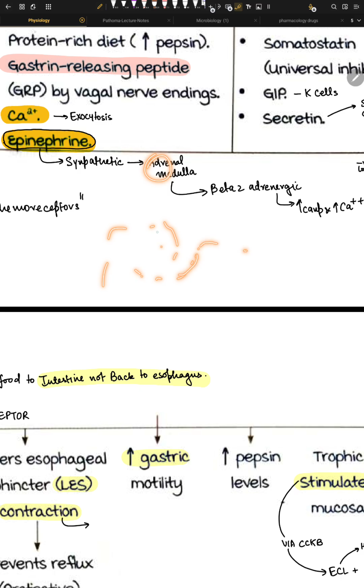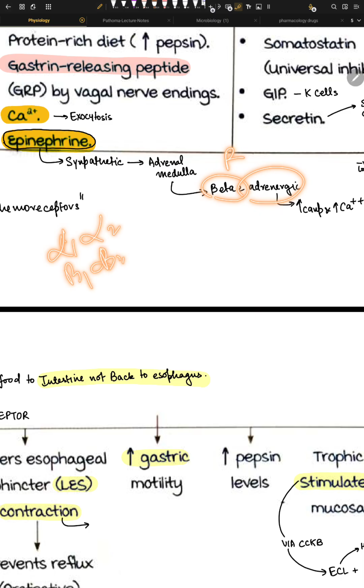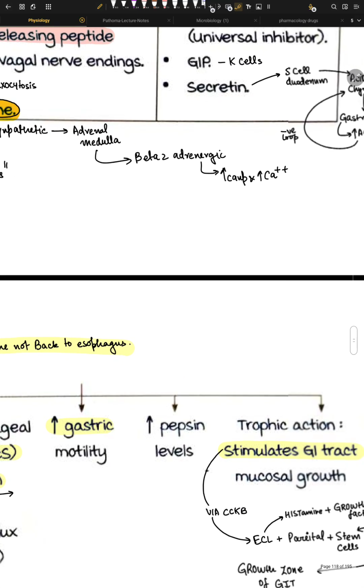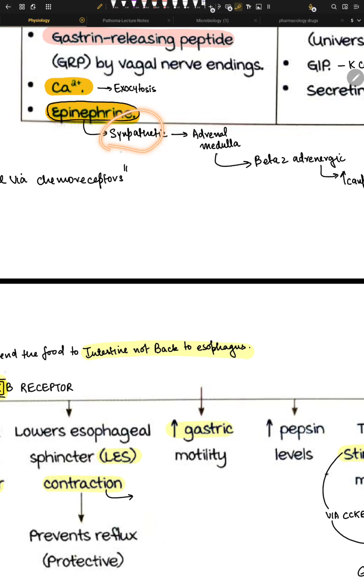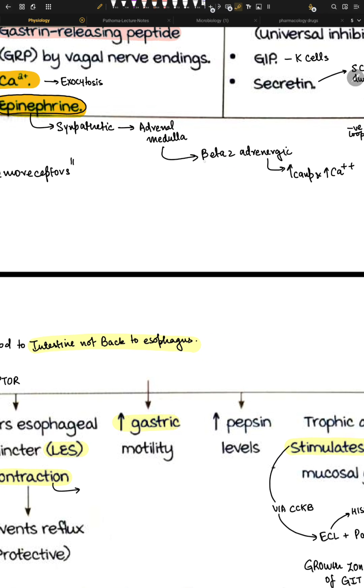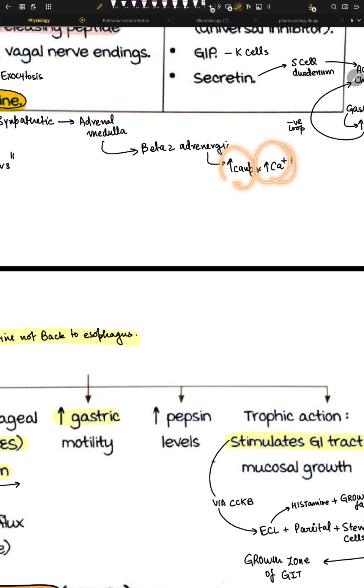It reaches our GIT, and then it reaches our beta 2 adrenergic receptors. We have alpha 1, alpha 2, beta 1, and beta 2 receptors. We have four types of receptors. I don't want to explain each one of them, but try to understand that we have four types. This sympathetic signal binds with beta 2 receptors, and this beta 2 adrenergic receptor leads to increased levels of cAMP and increased levels of calcium.